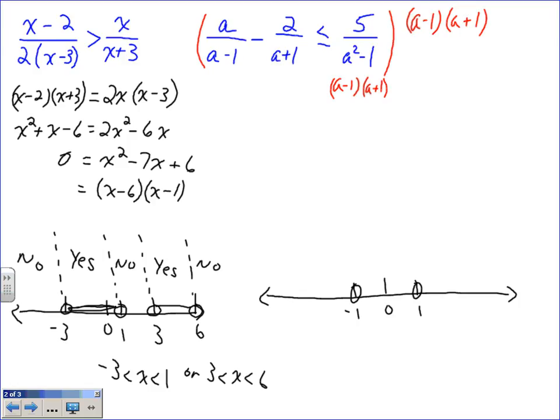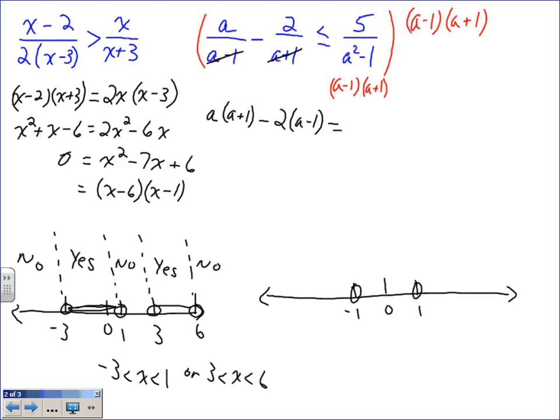All right, let's solve it. In the first expression, the a minus 1's will cancel, and I'm left with a times a plus 1 minus. In the second one, the a plus 1's will cancel, and I have 2 times a minus 1. Don't worry about the inequality sign. We're going to make it equal.